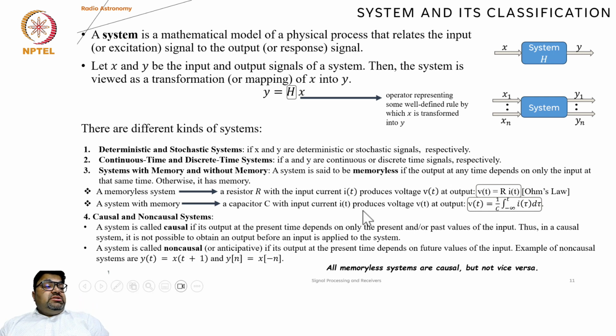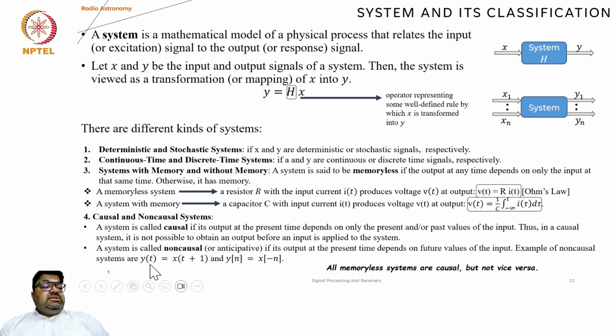Causal and non-causal systems. A system is called causal if its output at the present time depends only on the present and/or past values of the input. Thus, in a causal system, it is not possible to obtain an output before an input is applied to the system. A system is called non-causal if its output at the present time depends on future values of the input.